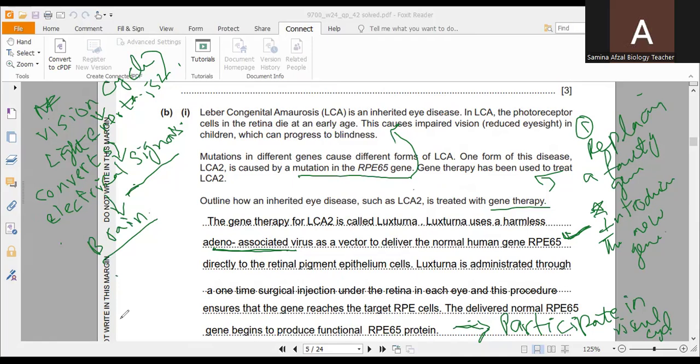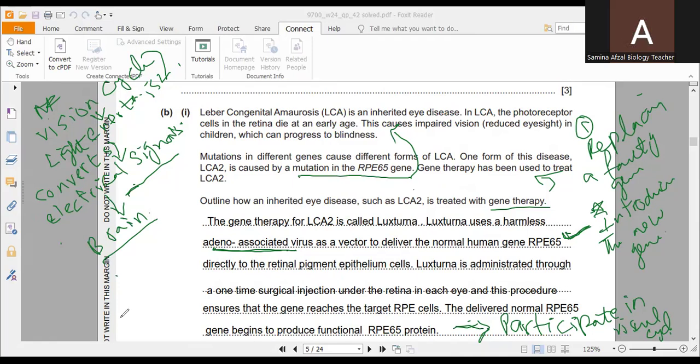One more thing, students: Luxturna is indicated for patients with confirmed biallelic RPE65 mutation-associated retinal dystrophy, where both copies of the gene are mutated, who have viable retinal cells. The therapy aims to halt the progressive retinal degeneration associated with LCA2 and stabilize the remaining vision.